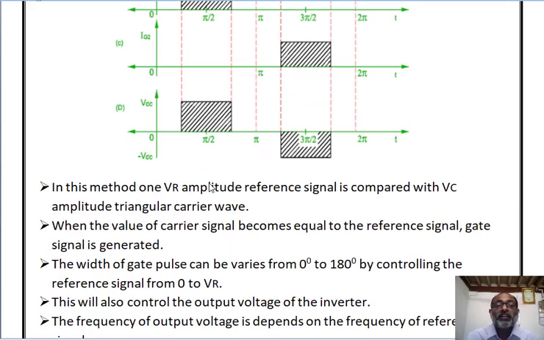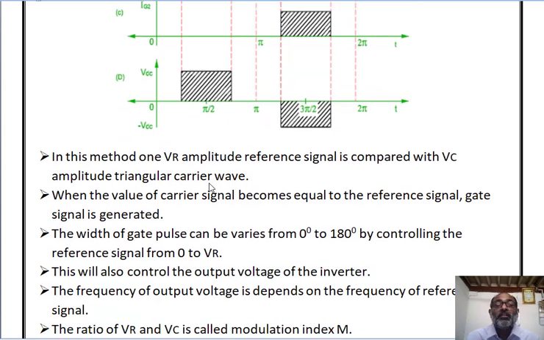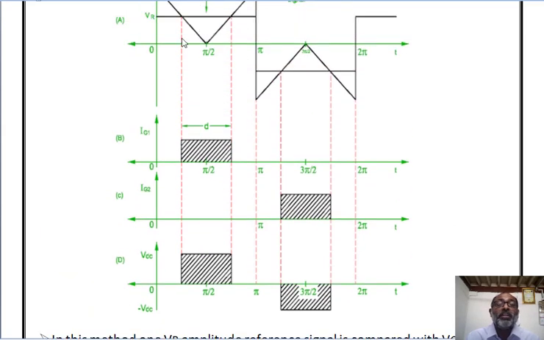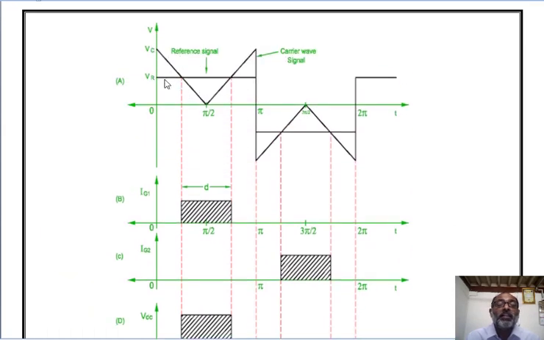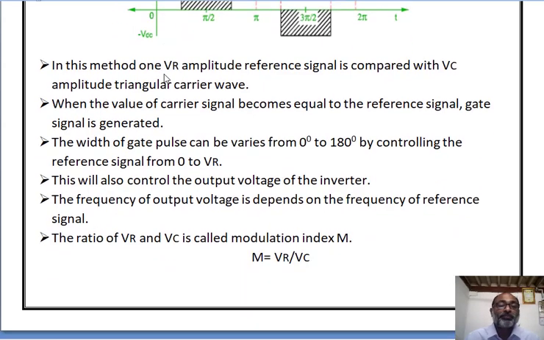So we will get a control signal that varies from 0 to 1 by controlling the reference signal from 0 to VR. So if we change the value of this reference voltage from 0 to VR, we will get the firing angle of the inverter from 0 degrees to 180 degrees.